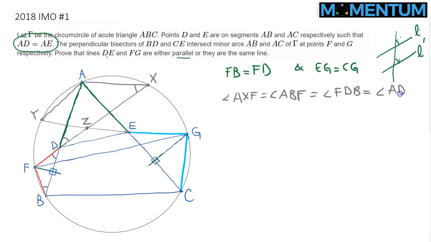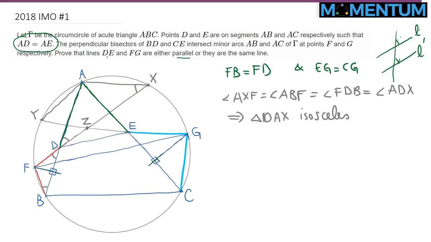Therefore, we have shown that triangle DAX is isosceles, and as such, AD is equal to AX. But wait, AD was equal to AE, so I should also color the segment AX in green, so that I don't forget that AX is equal to AD. And like I said at the beginning, AD was also equal to AE.